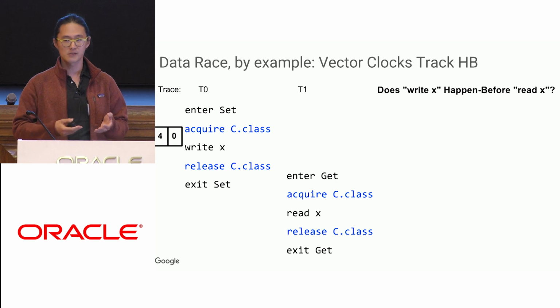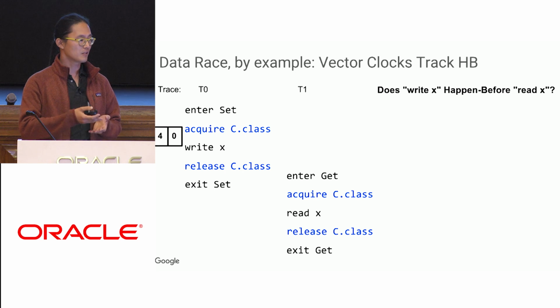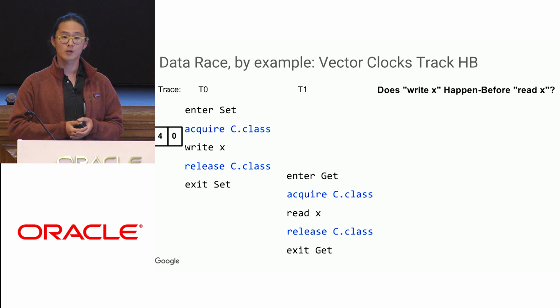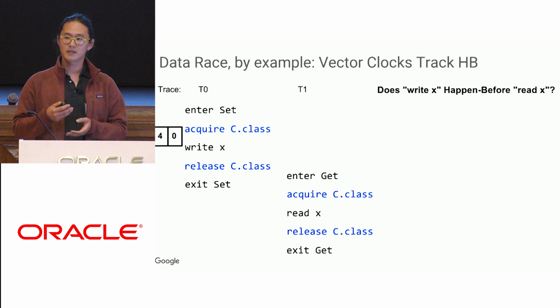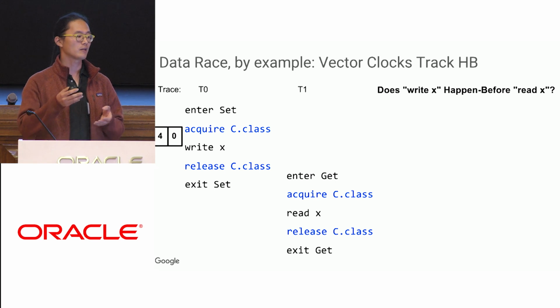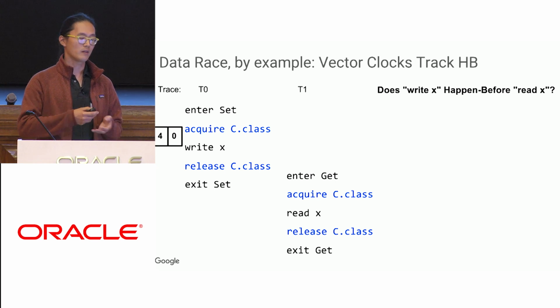So if there's 100 threads, this vector clock will be 100 long. It's for T0, so if you index into 0, you see the number 4, and that is the current time for thread T0. All the other values in that vector clock indicate the last time at which another thread had synchronized with this thread.